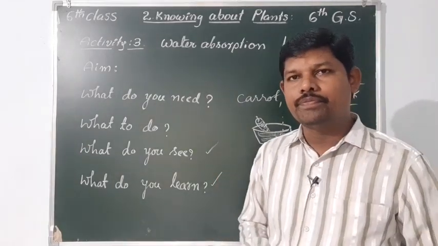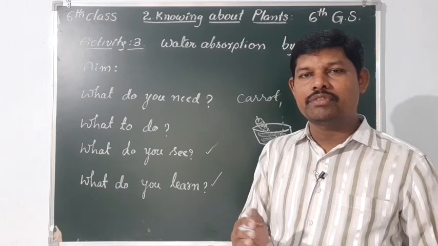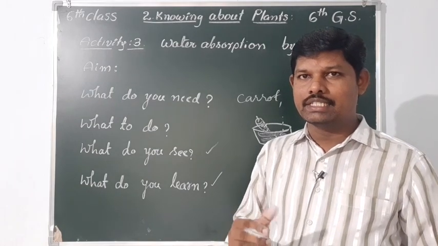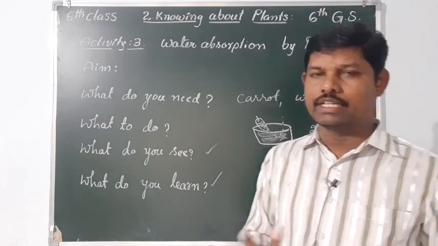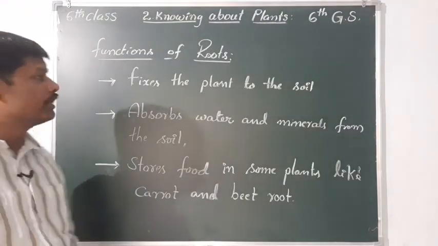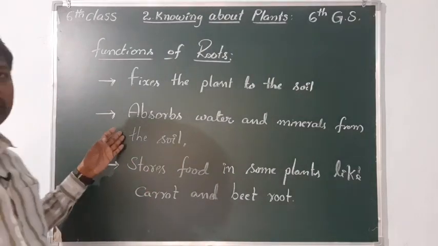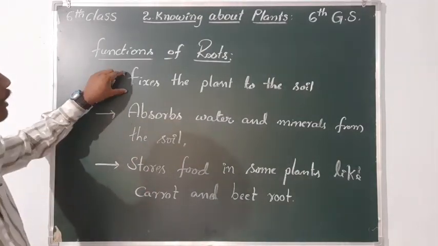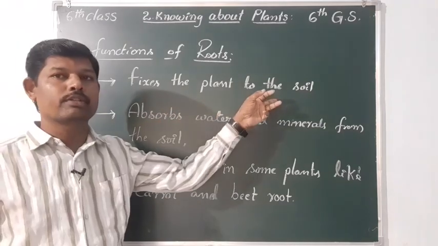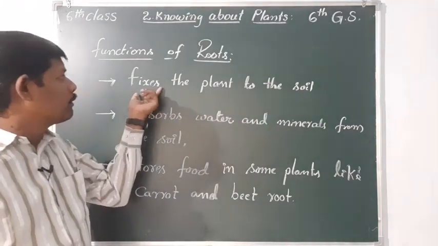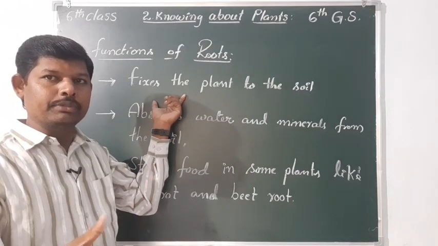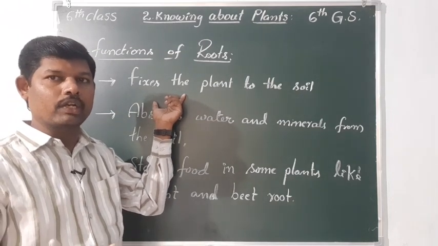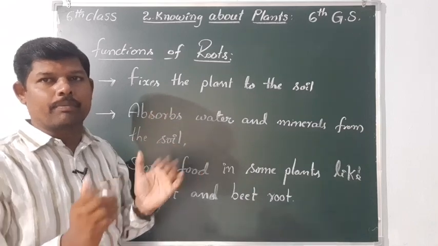So from this we can say what the functions of roots are. Let us discuss briefly. What are the main functions of roots? There are 3 main functions of roots. First one is fixing the plant to the soil. With the help of roots, the plant fixes in the soil to get support, so that the plant stands upright.